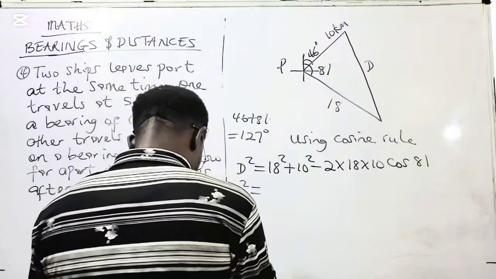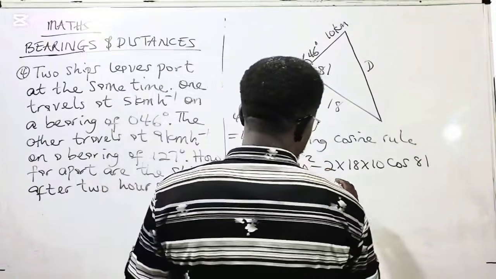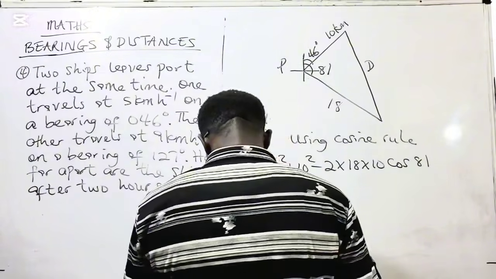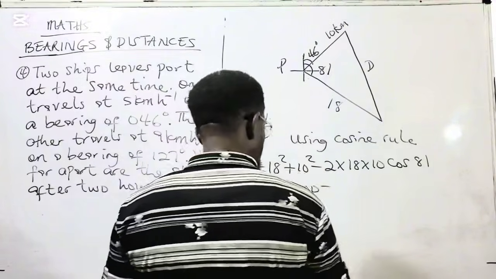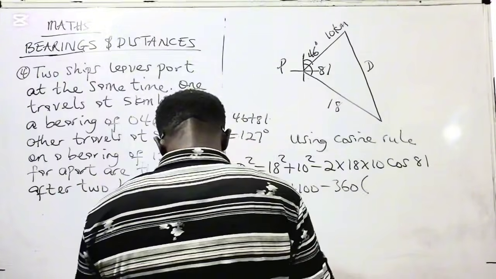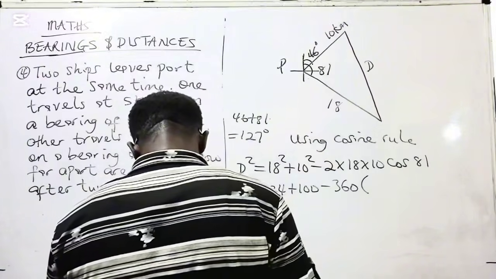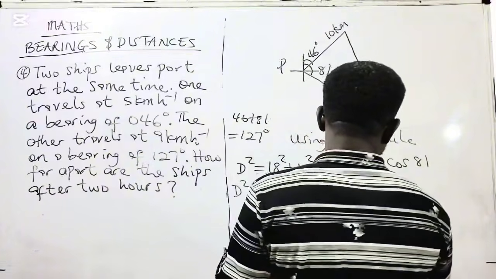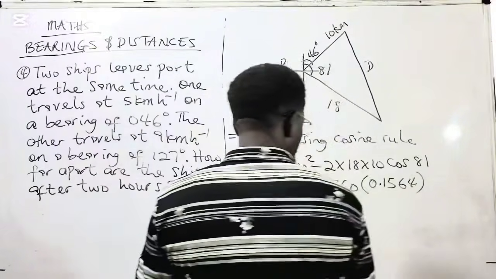18 squared is 324. We have 100. Then we have 2 times 18 times 10, which is 360, times cos 81, which is 0.1564.